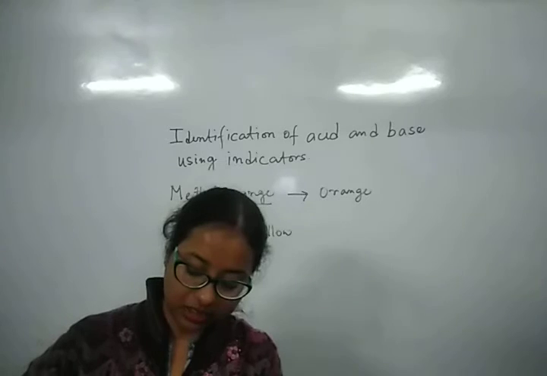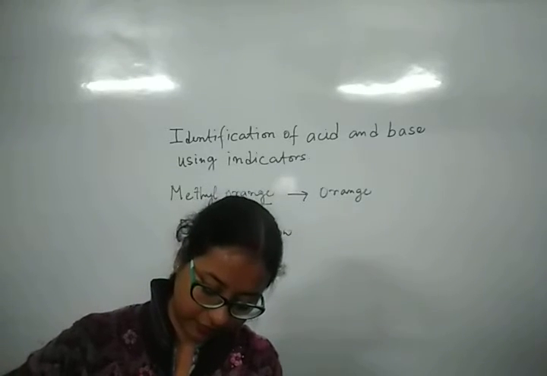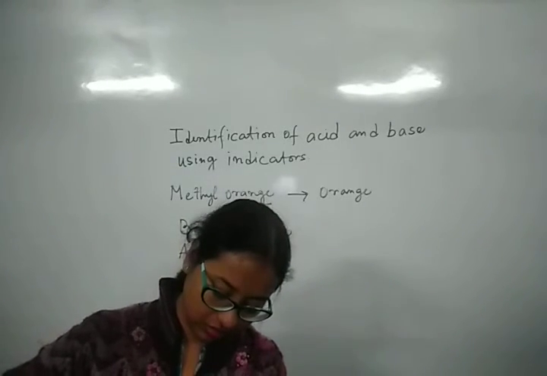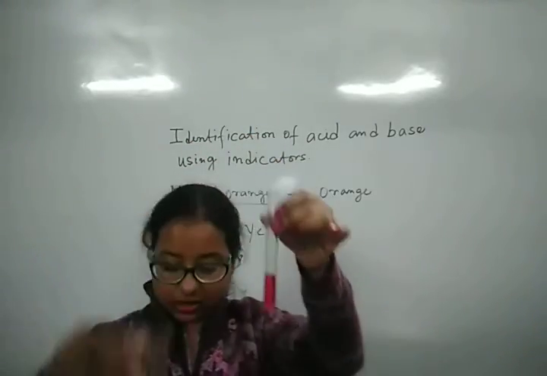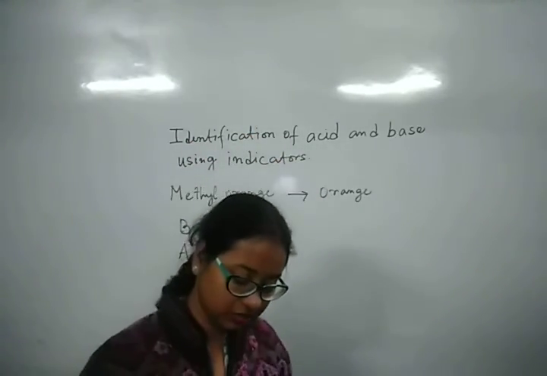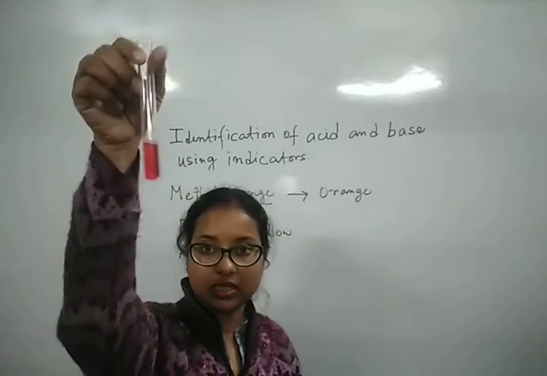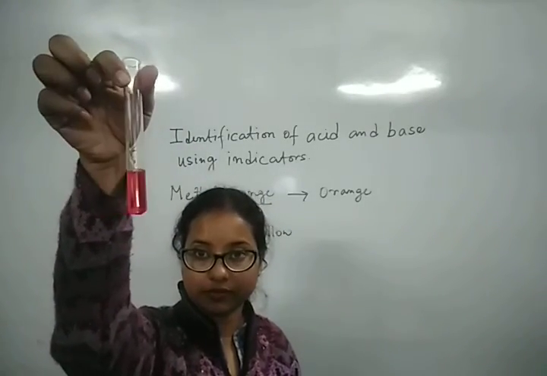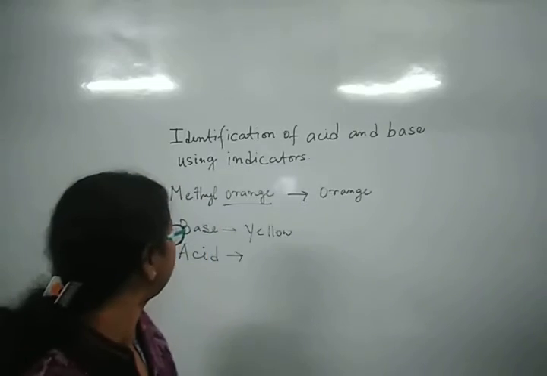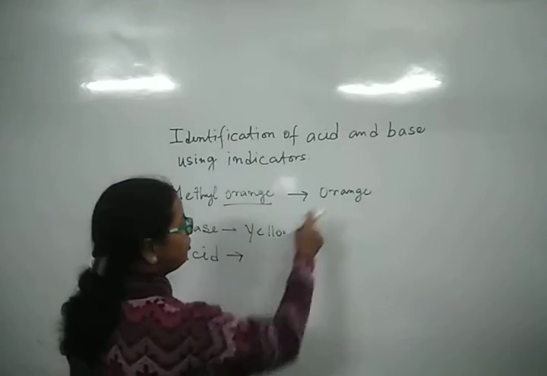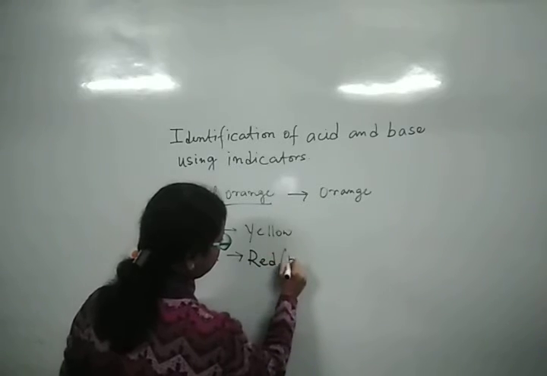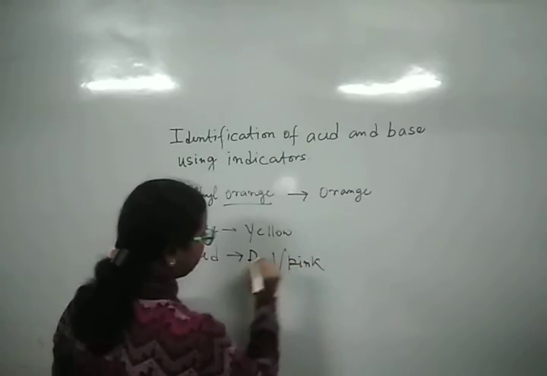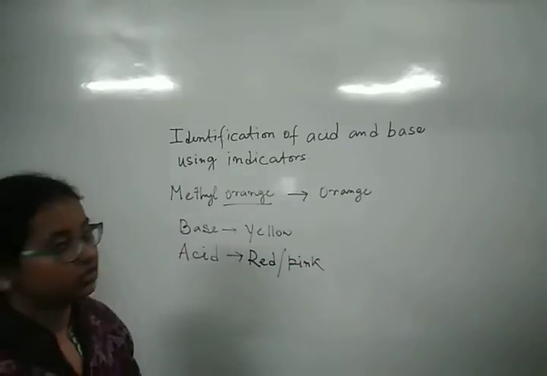Now in this, let me add the acid. I am adding the acid, and now see the color. It is rosy pink color. That means methyl orange changes from orange to red or pink when we add it in acid solution.